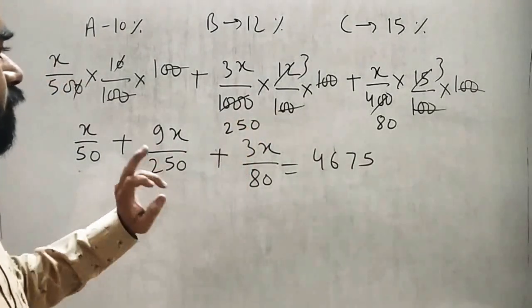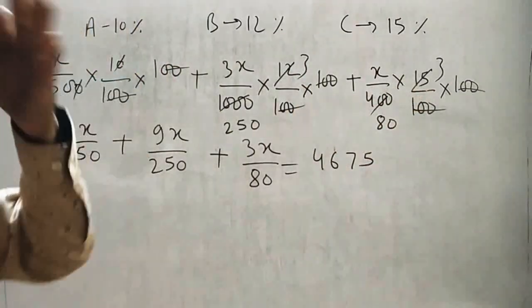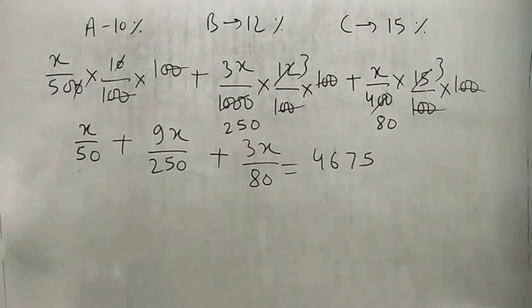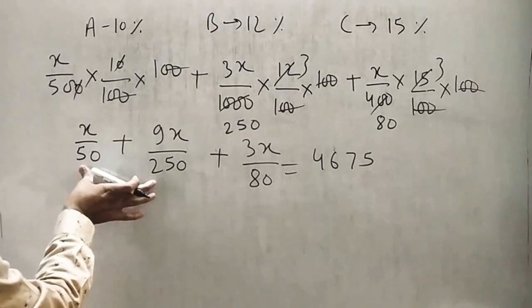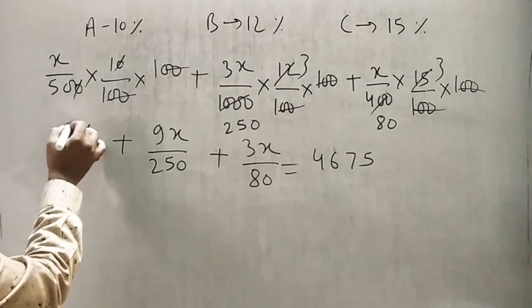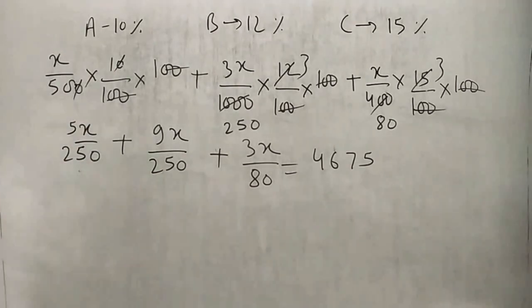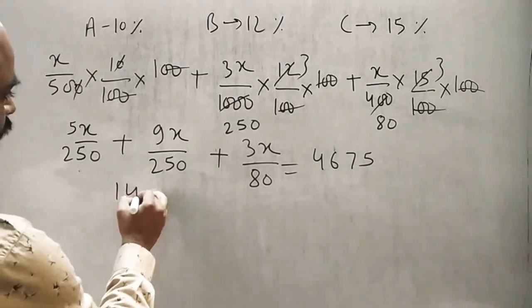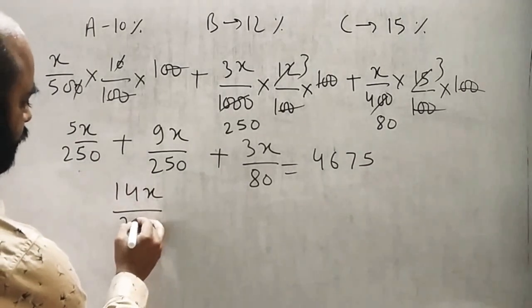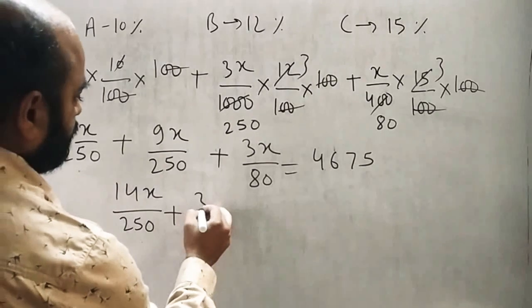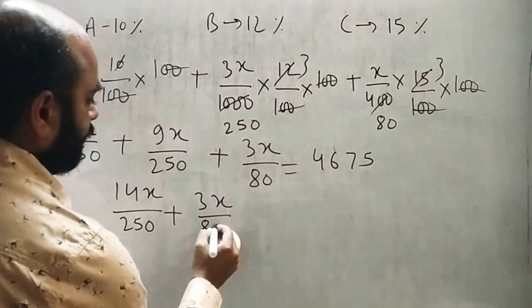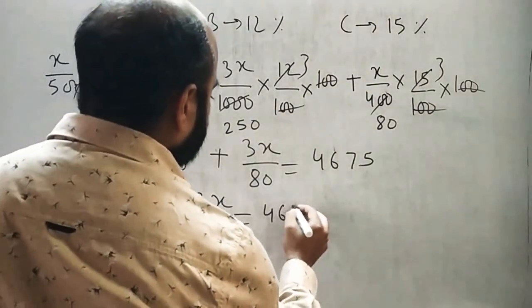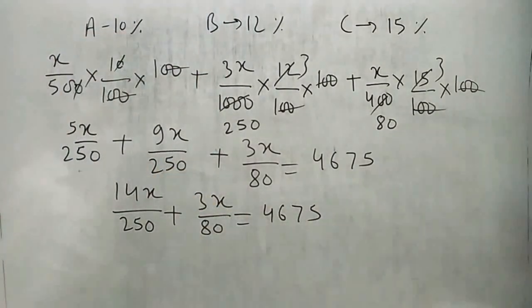So we have to take LCM. So finally you can make this as 250. You can write 5x upon 250, correct? So this will give 14x upon 250 plus 3x upon 80 is equal to 4675.